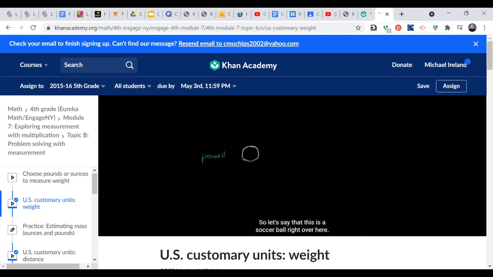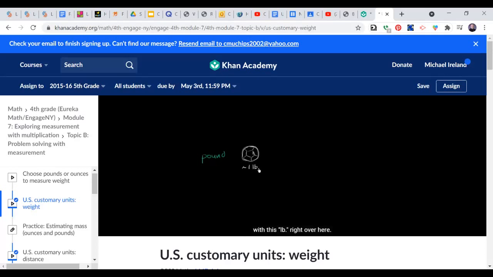So let's say that this is a soccer ball right over here, and then of course it has some type of pattern on it. So you could imagine a soccer ball is about a pound, so it's roughly 1 pound, and a pound will often be shorthanded with this lb. period right over here. A football, an American football, is also a little under a pound, but we could say it is about a pound, just so we get a sense of what a pound actually represents.